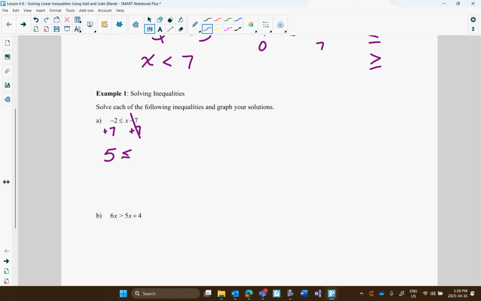And then less than or equal to x. Well, that's not normally the way we write it, right? We write the x first and then the number after. So just write it backwards. X, and then this becomes greater than or equal to 5. Just like that.